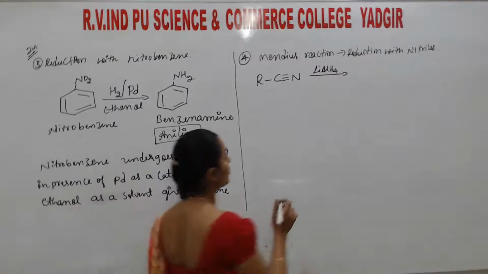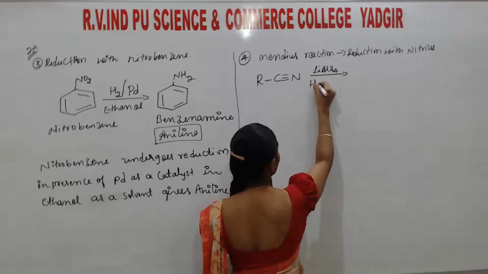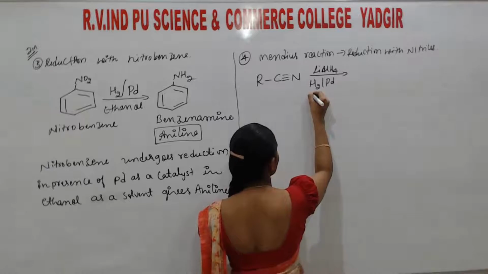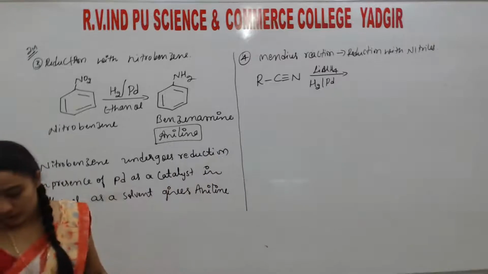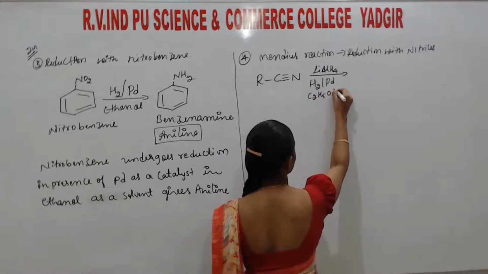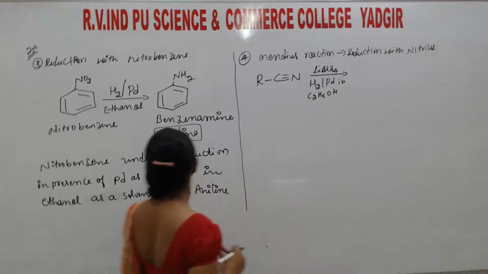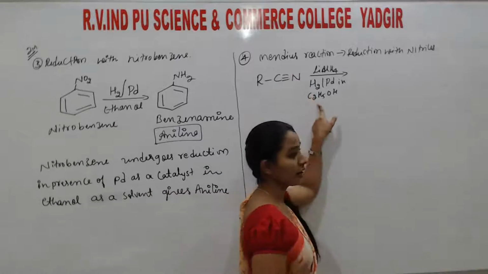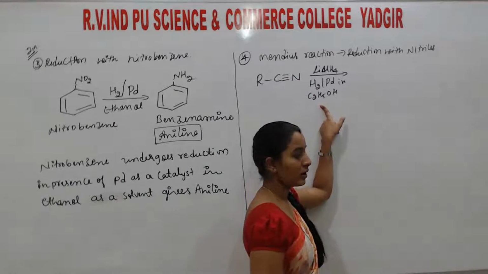It may be lithium aluminium hydride or catalytic hydrogenation in a solvent like alcohol, that is C2H5OH. Here also the reagent is the same, either this or this. Are you getting?